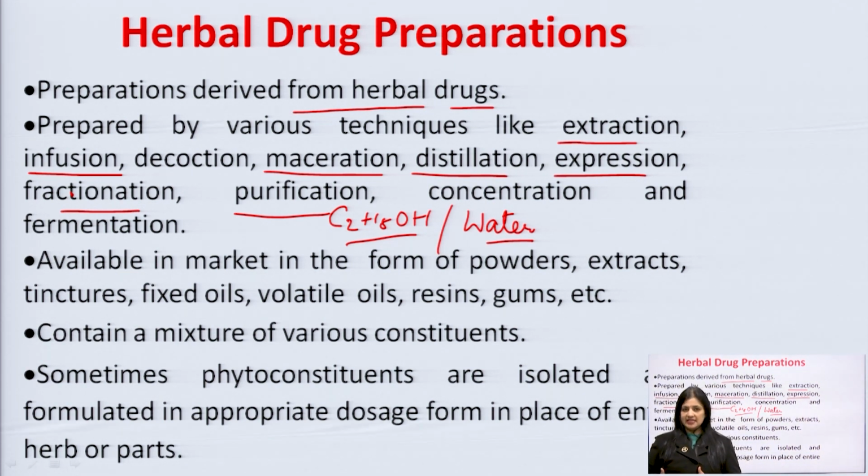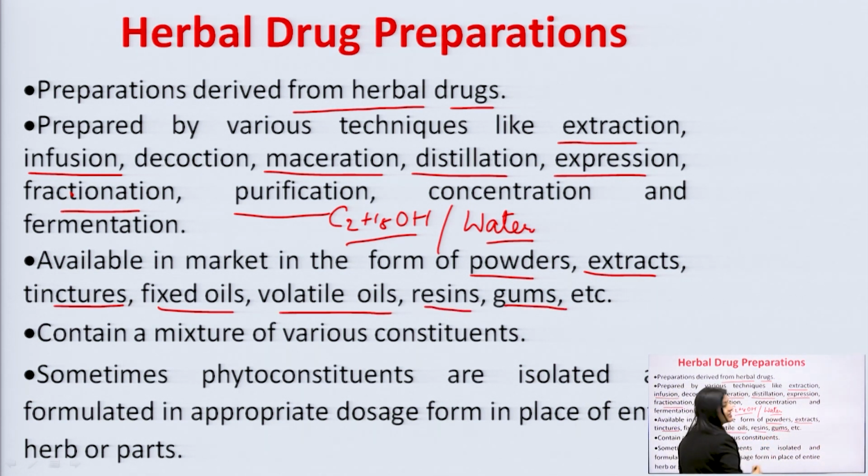These all are the techniques which are used to make a crude drug into a processed drug, and these are the techniques which are helpful to make the herbal drug preparation. Now these herbal drug preparations are available in the market in the various forms such as powders, extracts, tinctures, fixed oils, volatile oils, resins, gums, etc. These herbal drugs contain various constituents.